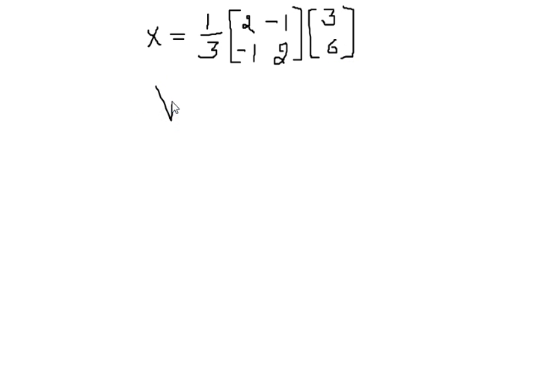Now let's do the multiplication. So I will write x here, and the next step implies this one. I'll write 1 by 3 as it is, and then I will multiply.